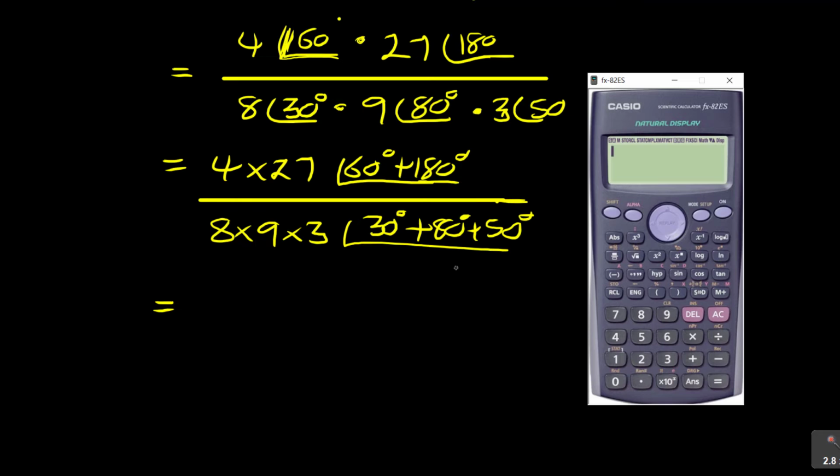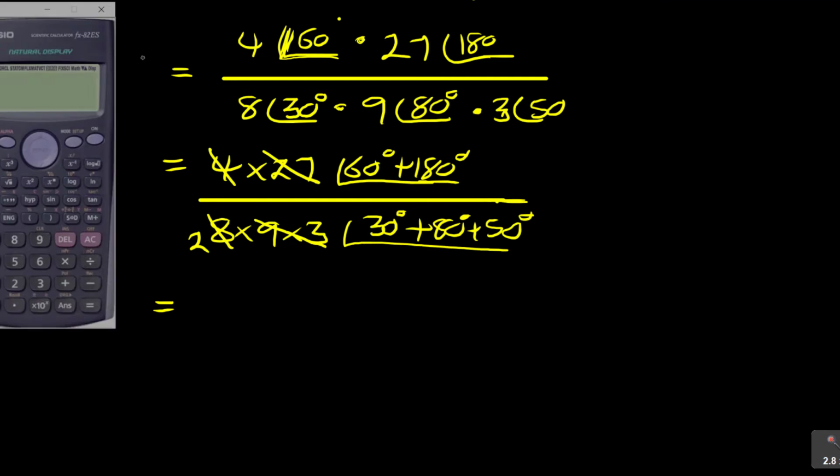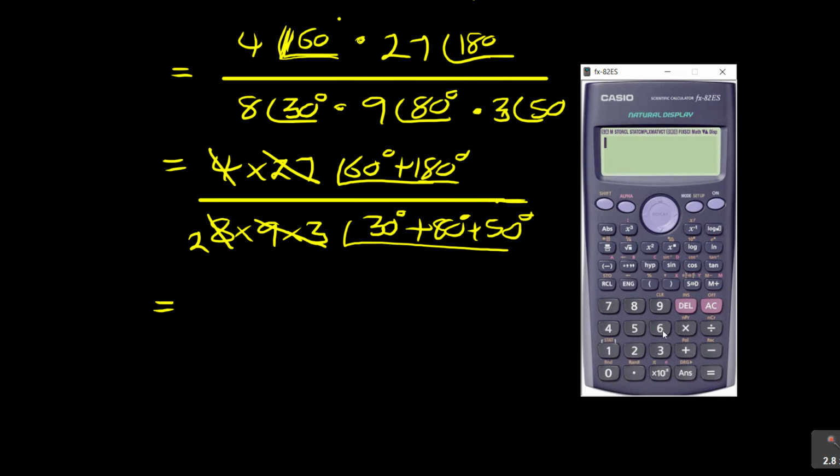So what I have here, actually simple here, 4 into 8, I get my 2. 9 times 3 is 27, to cancel that. So now 60, so what I'm adding actually is the top one, which is 60 plus 180.